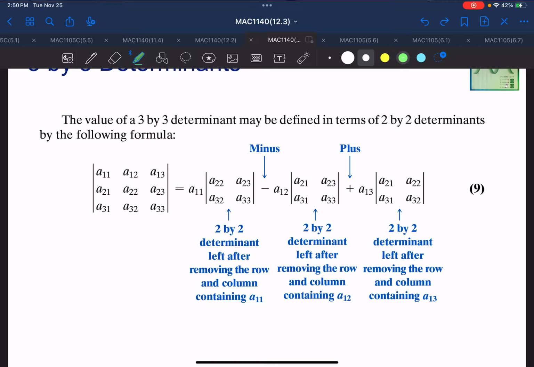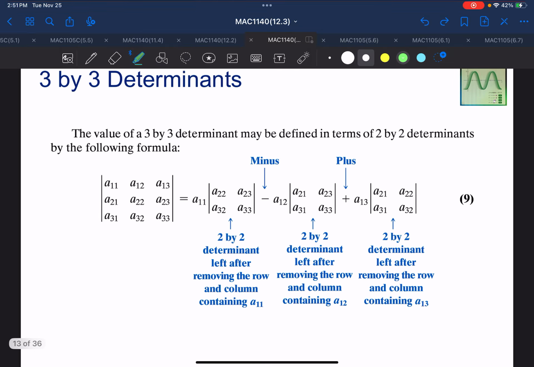But for the purposes of teaching this, we're going to mainly stick with the first row. But again, the process, you always start by picking one row or one column. So I'm going to pick the first row, and then I'm going to start with the entry on the left. And so that's where they get A11 from.